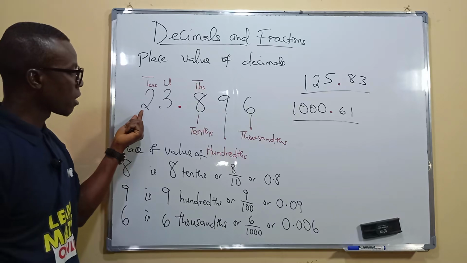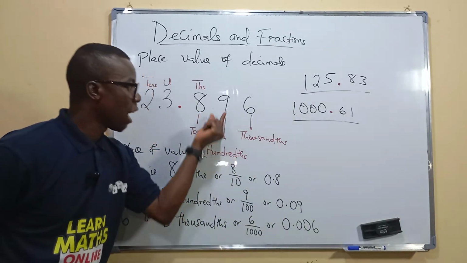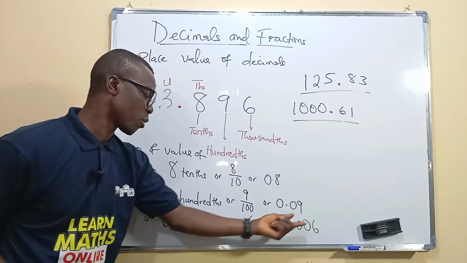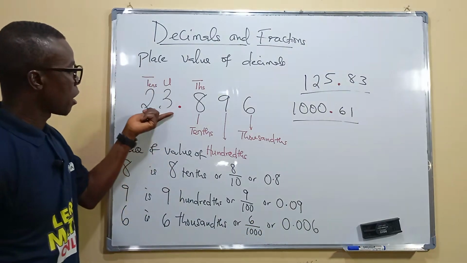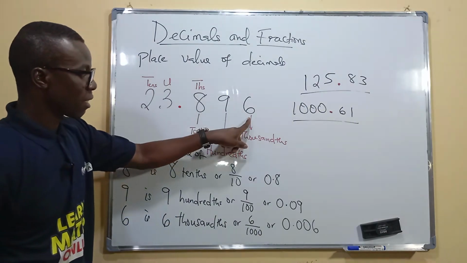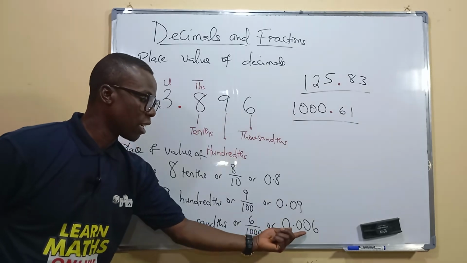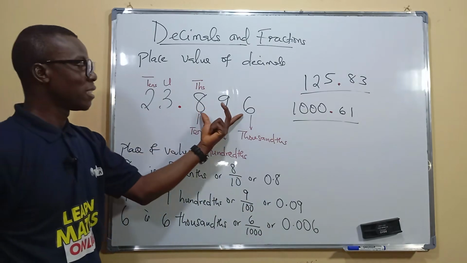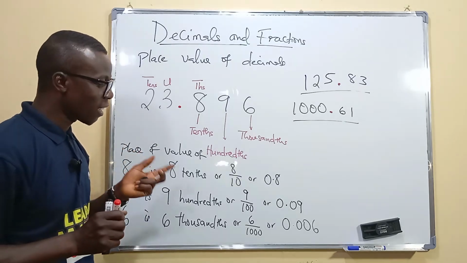You can see all these are 0, and then we leave this particular digit, so that's why we have 0.09, and it goes same for 6. You can see making all these zeros except for 6. So that's why we have 0.006. So this is the place value of this digit in this number. I believe it's quite clear.